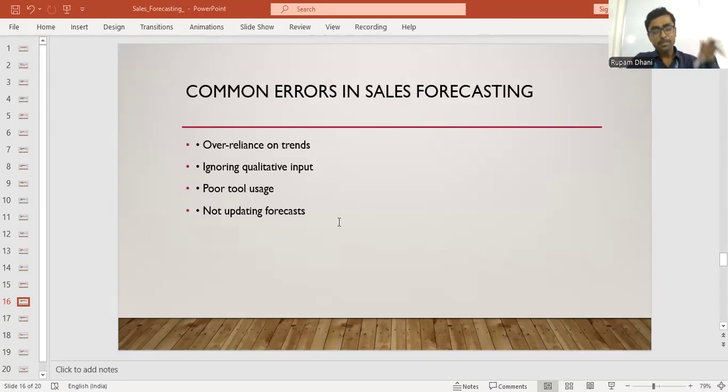Data says that the previous month's sales were so high, so this month's sales may also be high, but maybe through qualitative input I can understand more about the market. Next is poor tool use or misapplying forecasting techniques, and critically, not updating forecasts regularly to reflect changing market conditions.